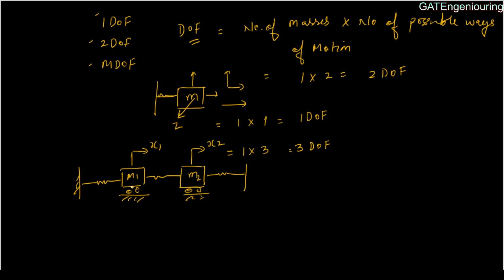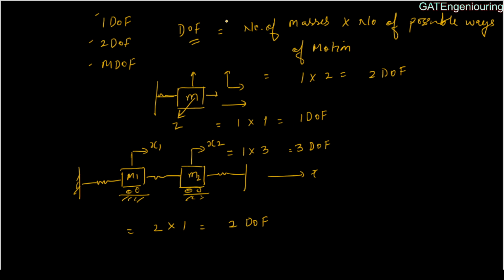So here you can see clearly that the number of masses is 2, and the number of possible ways of motion is only one, the x direction. That means 2 multiplied with 1, so again it is a 2 degree of freedom system. Two masses are there, 2 degree of freedom system. Even a single mass with 2 different ways of motion is also a 2 degree of freedom system.